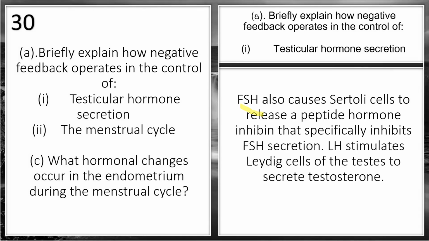Follicle-stimulating hormone also causes the Sertoli cells to release a peptide hormone, inhibin, that specifically inhibits follicle-stimulating hormone secretion.